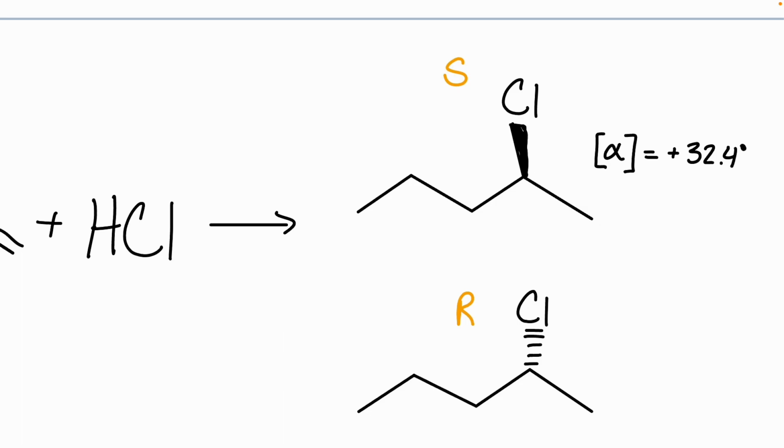So what about my R stereoisomer? If I had a pure sample of R stereoisomer, what would be its specific rotation? Negative 32.4, equal and opposite.